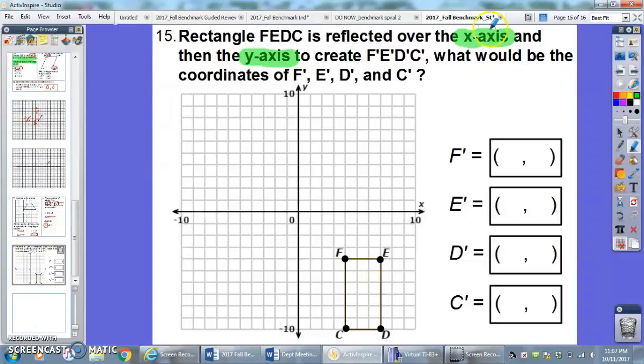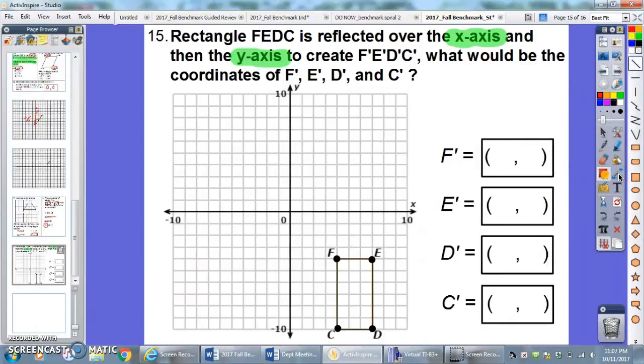Okay, so let's go ahead and do my x-axis first, which is your horizontal axis. So I'm going to highlight over it in my red color so you can see which line we're going to start with. We're going to reflect all the points across this line.